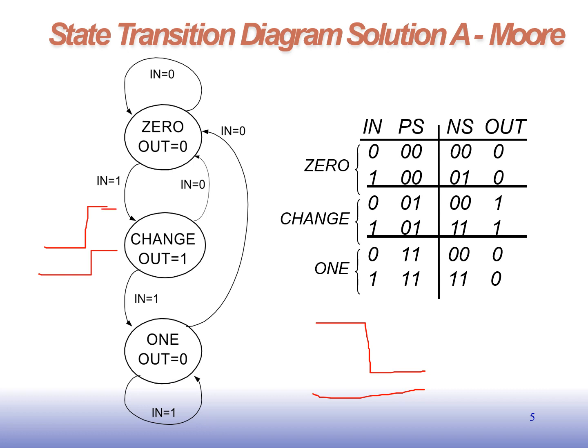The output is 0, because the statement says that whenever there is a transition from 0 to 1, the output is 1, otherwise it will be 0. That is the condition here.